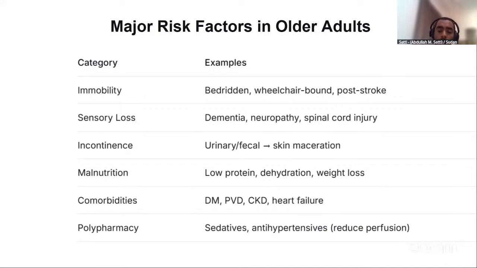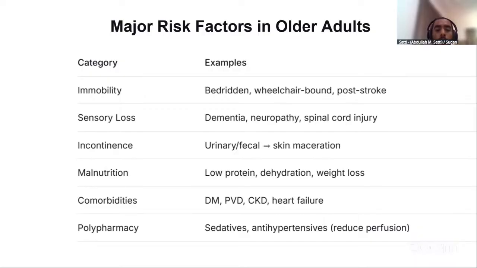This pressure closes the capillaries, and the closure of the capillaries leads to decreased blood flow to the tissues, which, as mentioned before, leads to tissue ischemia and tissue hypoxia. Who are those patients? Those are the ones bedridden, the wheelchair-bound patients, and the stroke patients, because as mentioned before, the pressure closes the capillary.